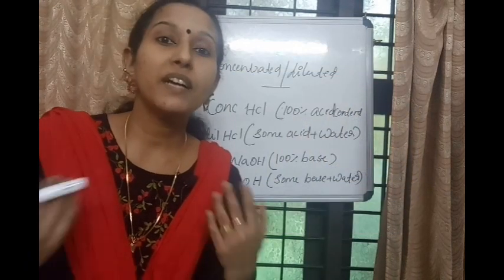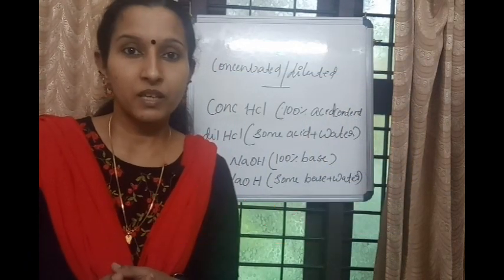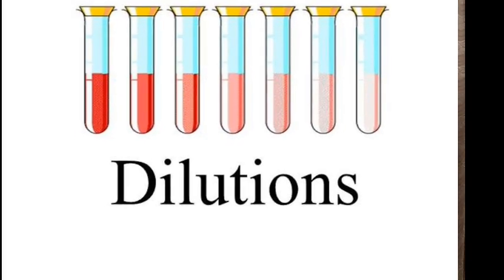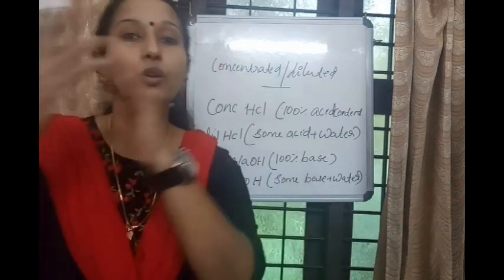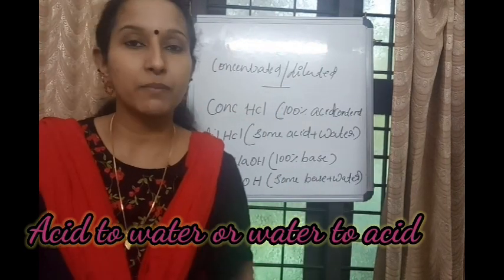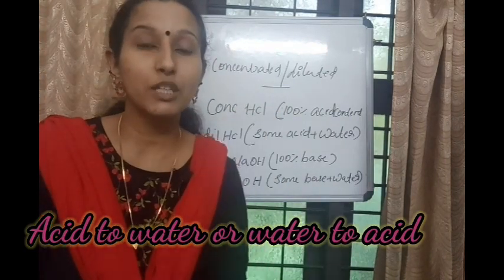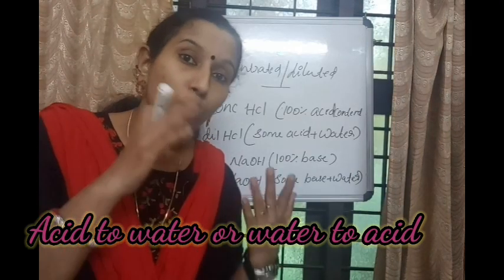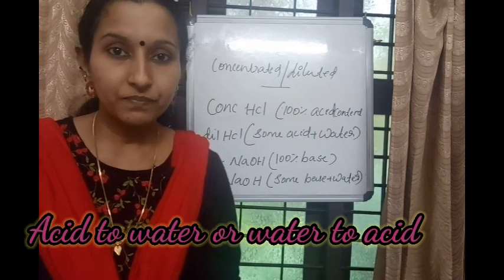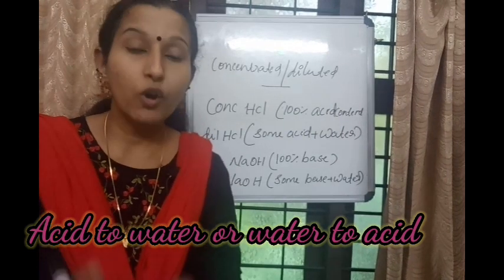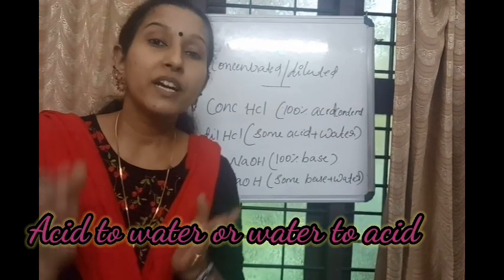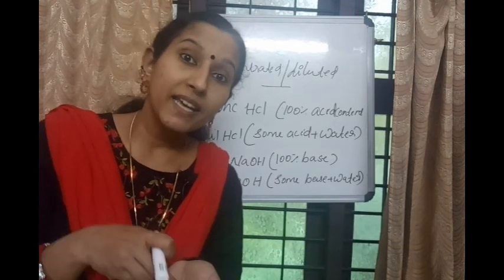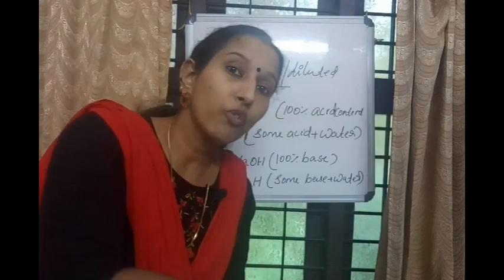And how do we make dilute solutions then? There are two ways. Either you can add acid into water or water into acid. Which is the right method to dilute an acid or base? The correct way of diluting the solutions is by adding acid into water.